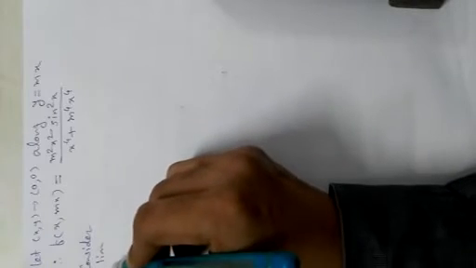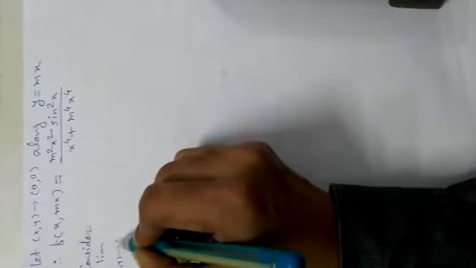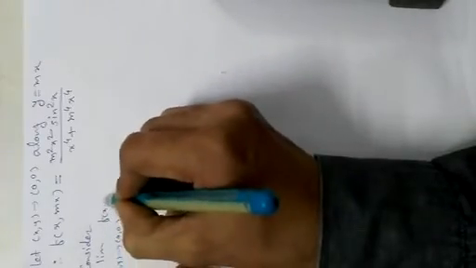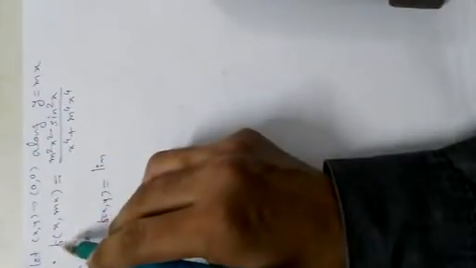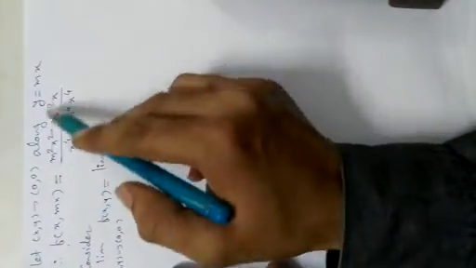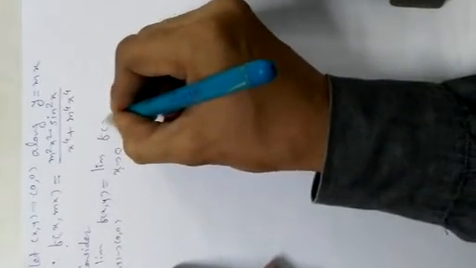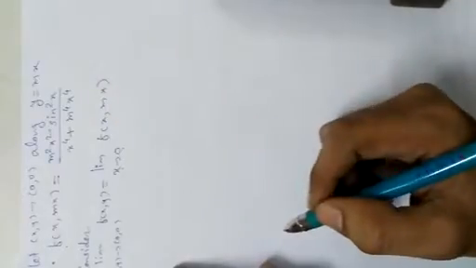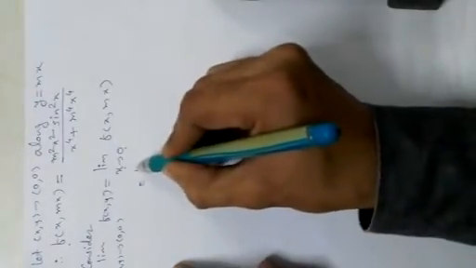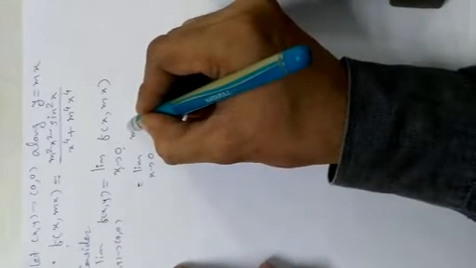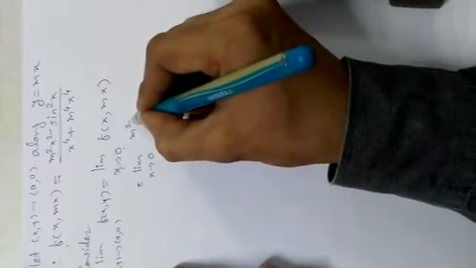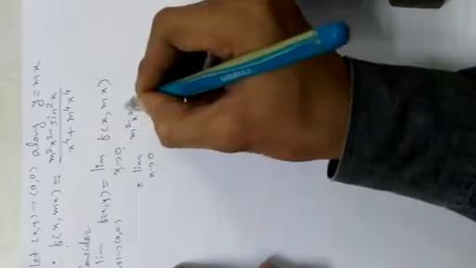Now consider the limit. As we have put y is equal to mx, the function is of only x. Therefore the limit will be as x tends to 0 of f of x mx, which is equal to m square x square.